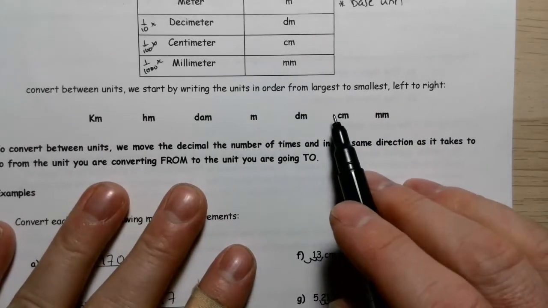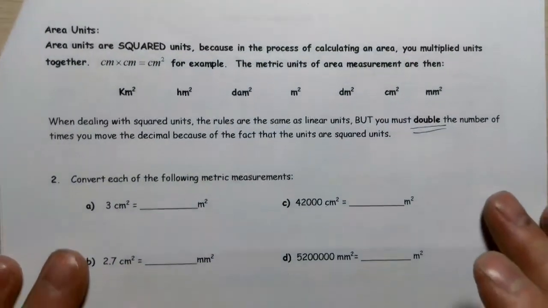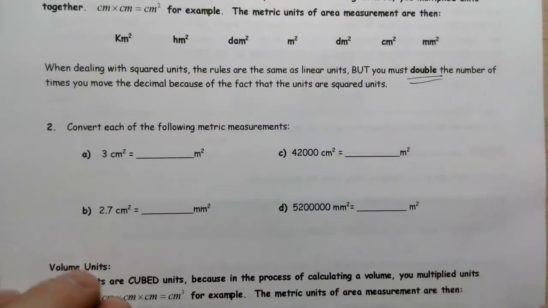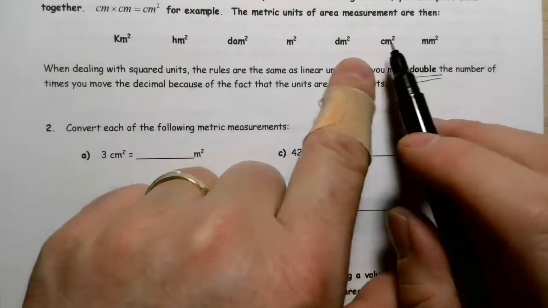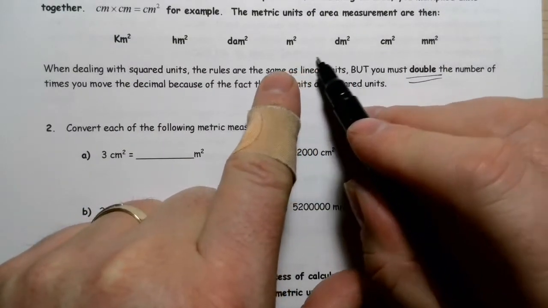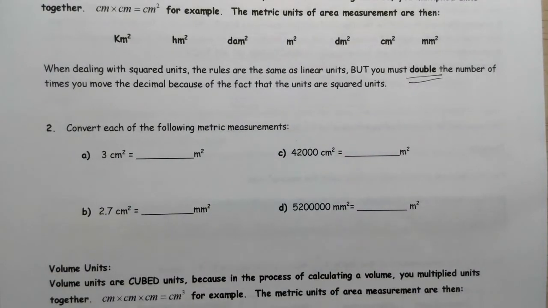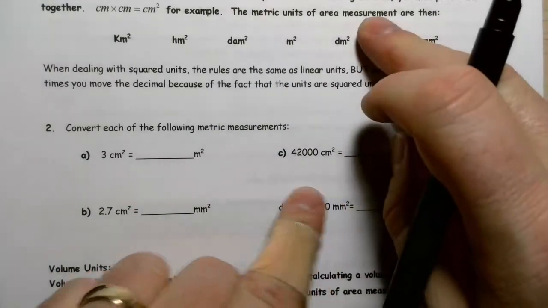So if it was just centimeters to meters, I would move the decimal 2 to the left. But when I go from centimeters squared to meters squared, it's like I do this: I go 1, 2, 3, 4. Every time I do it, I take into account the 2 dimensions.